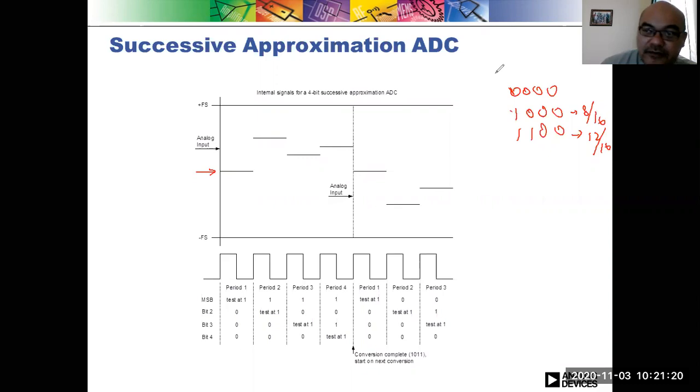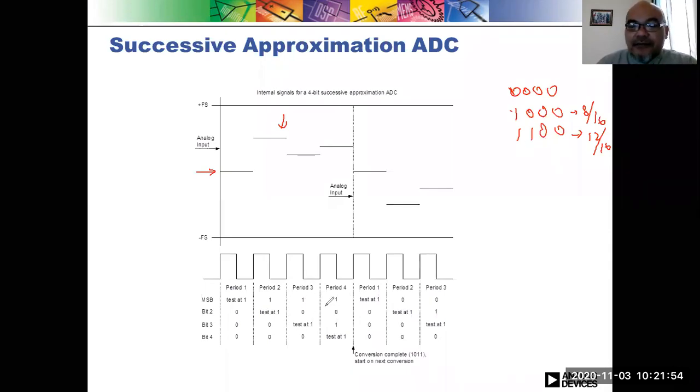Because if all the bits are on, the total range is 15 or 16, so 12 is more or less here, three quarters of the range from negative full scale until positive full scale. This is the second approximation. Now the approximated analog value from 1100 is higher than the analog input, so it knows the second most significant bit is supposed to be switched off.